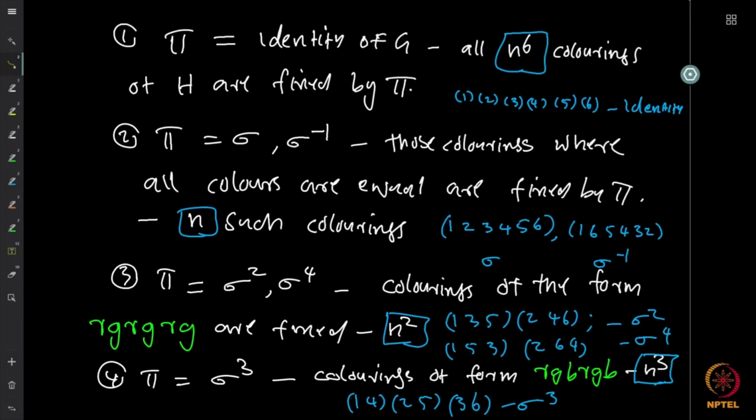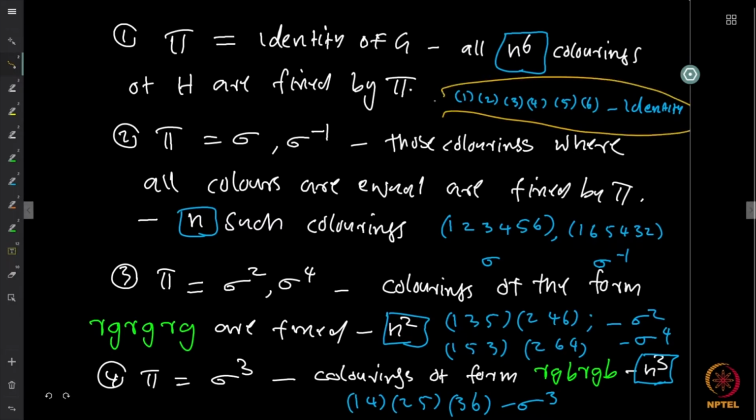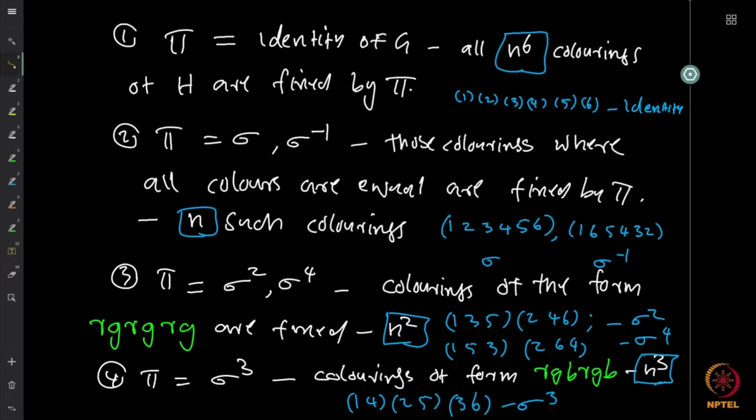So all the n raised to 6 colorings, because for every vertex I have n choices, all the n raised to 6 colorings of the hexagon are fixed by the identity. The identity permutation is written like this: 1, 2, 3, 4, 5, and 6, each one is a cycle.